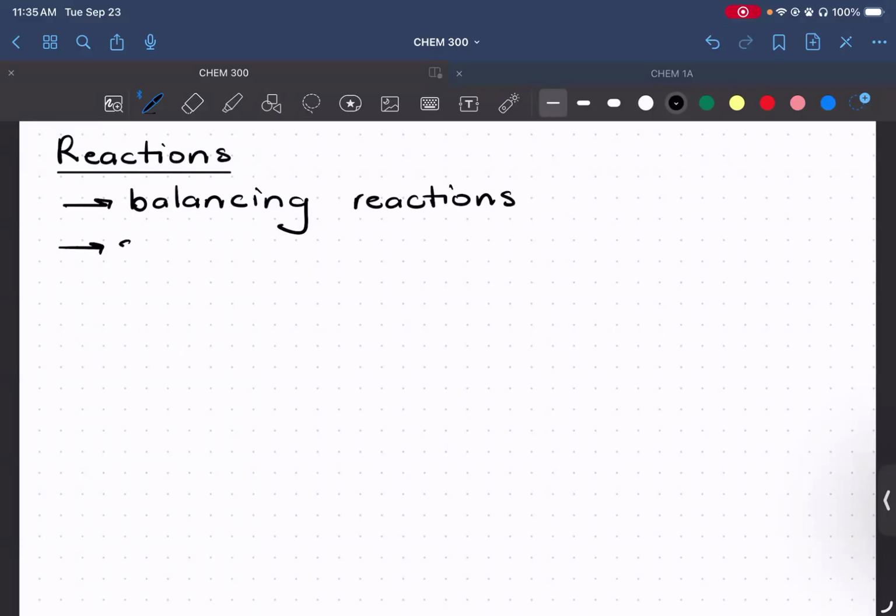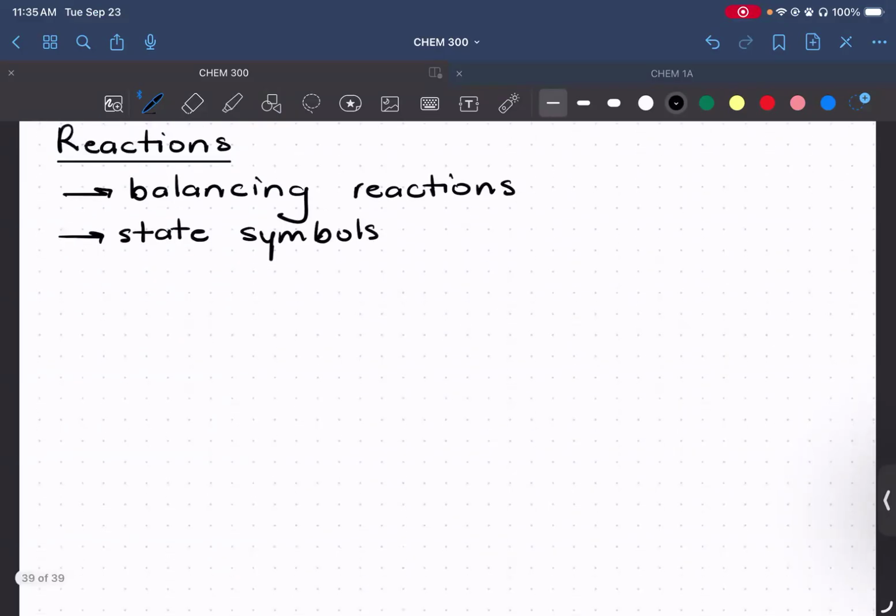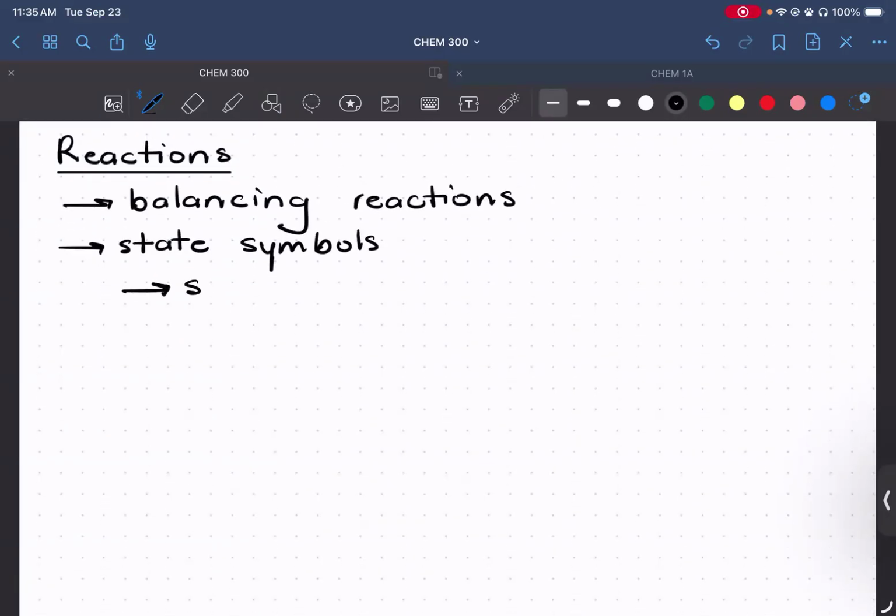We will then cover state symbols. Under state symbols, we will also go over solubility rules. Reaction archetypes.